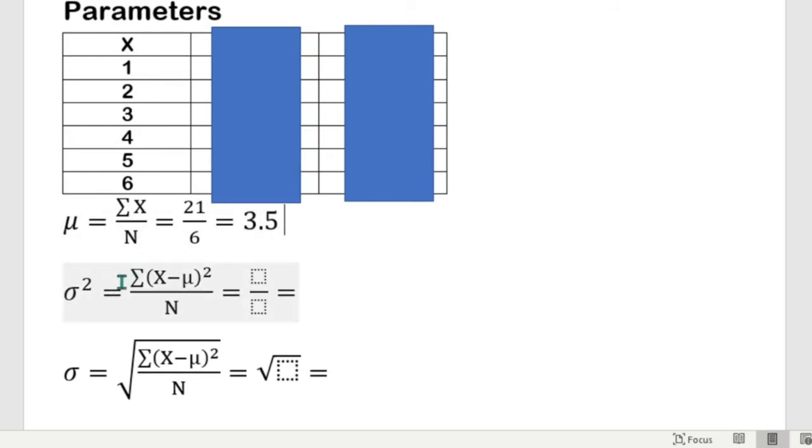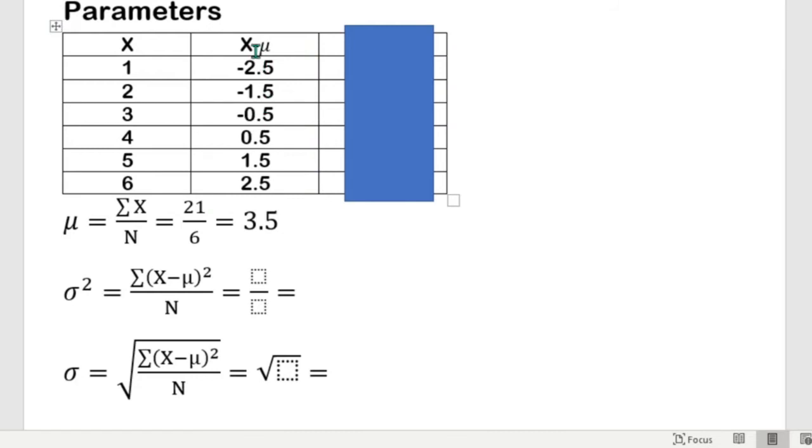Before we proceed to calculating the population variance, we remember the formula that we need to subtract the population mean from each x value. We do that in the next column. We have x minus the population mean.